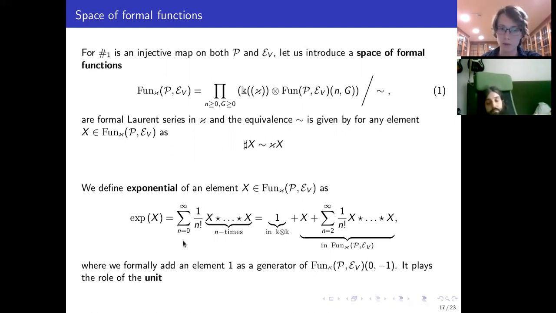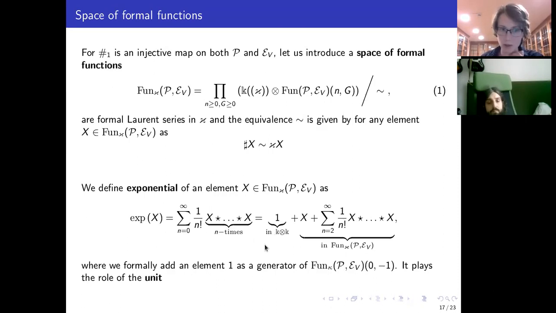So I think about the sums where I use n times for every component from 0 to infinity. I will have n times the product of the element x. And to have really the exponential as one would expect, I would need something like 1 at the beginning.